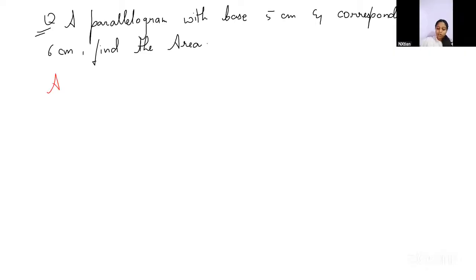Abraham, what is the formula of area of parallelogram? Ma'am, I think it's base into height. Okay. Base into height. Joshua, what will be the area?